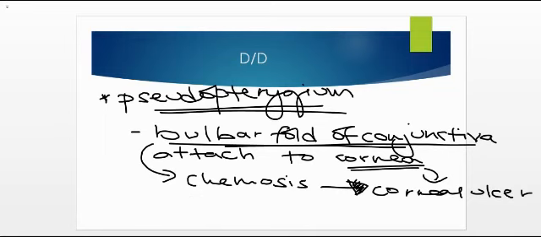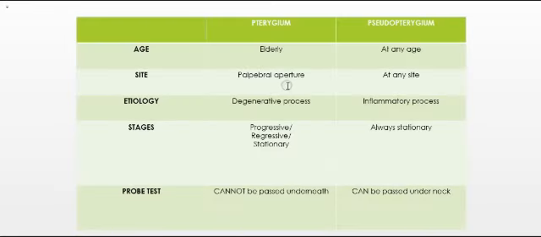Now obviously there are some features, I'm just going to go through them here. As you can see, pterygium happens commonly in the elderly, whereas if you look at pseudopterygium, it can happen anytime. Anytime you get a corneal ulcer and there's chemosis, there's going to be attachment of the bulbar fold of conjunctiva onto the cornea. So pterygium is normally on the palpebral region, pseudopterygium happens at any site.